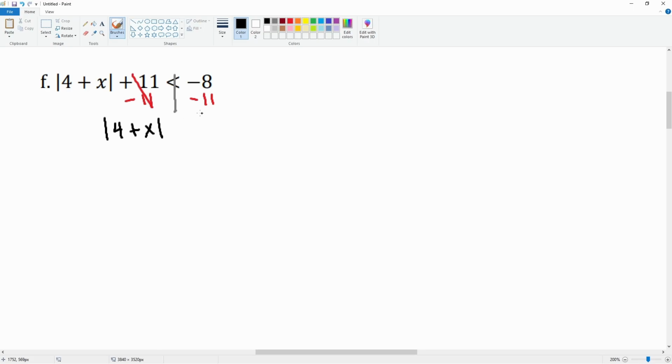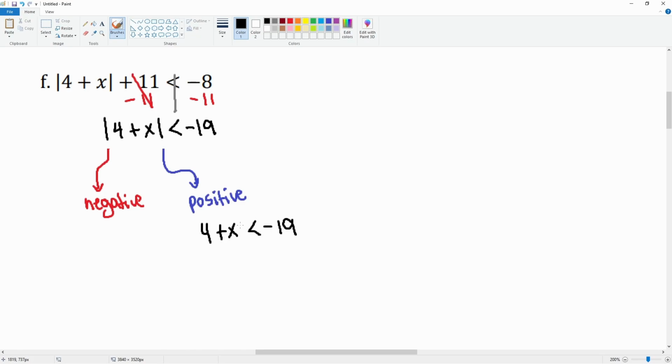Make sure you write this step. Bring down the inequality symbol. 8 minus 11 is negative 19. So now it becomes two equations, the negative and the positive. The positive version would just be 4 plus x is less than negative 19. And then the negative version, no.